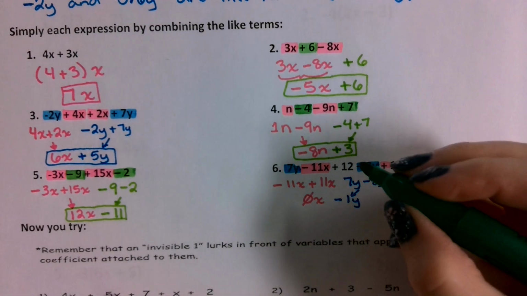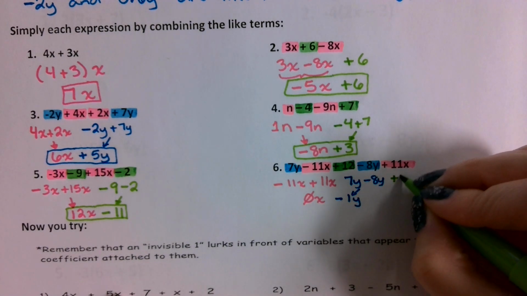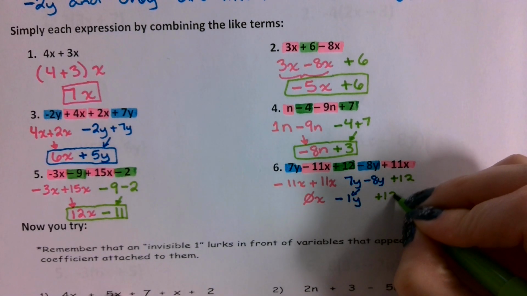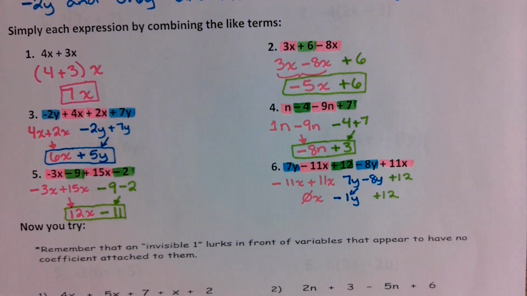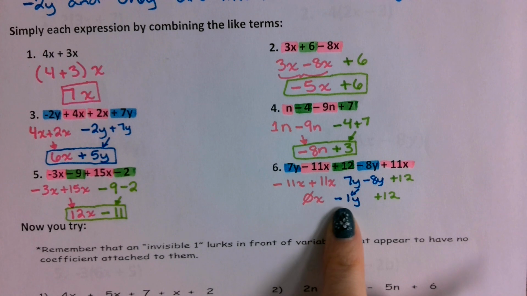And then we've got our positive 12 that we don't have anything to combine with. So we just write positive 12 or plus 12. So when I write my simplified expression, I don't need to write the x. I also don't need to write the 1, but I do need to write the negative sign.